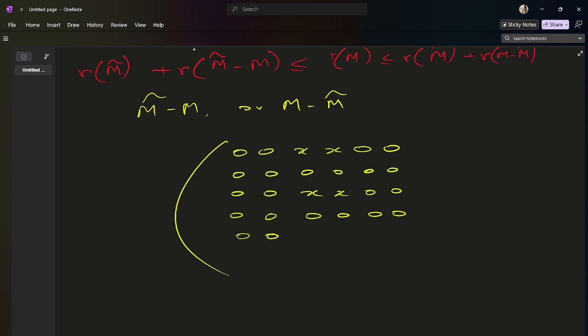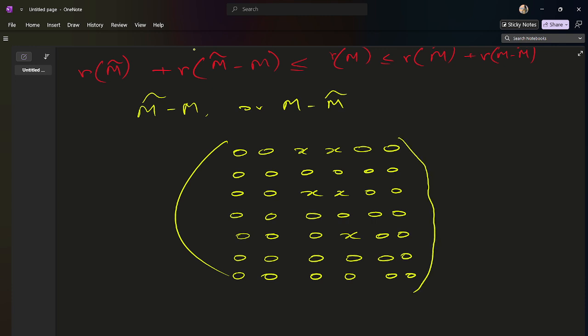And this is my A54, there will be a non-zero term. So this is M cap minus M, or M minus M cap.